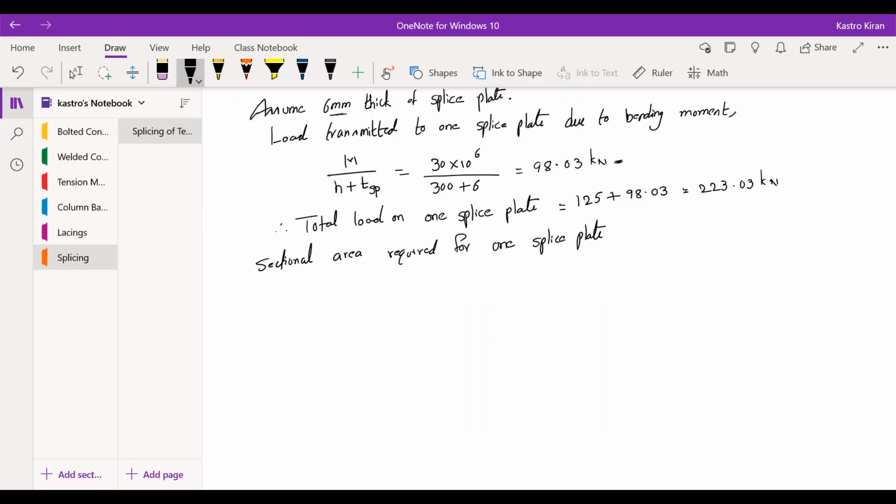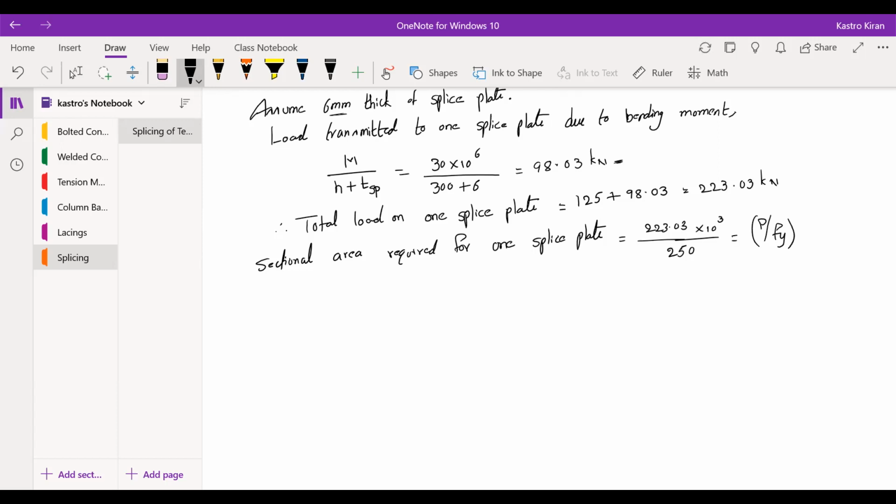This can be calculated as the total load on each splice plate, that is 223.03 kilonewtons, which I'm converting into newtons, divided by Fy, that is 250. So the formula can be written as P by Fy. This is the formula.